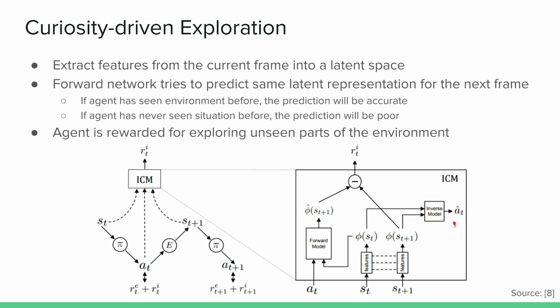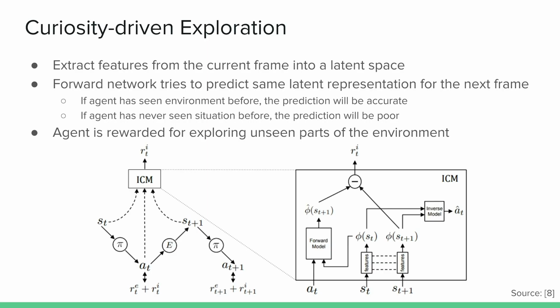Given the latent space representation of the state st and the latent space representation of the state st plus 1, the inverse model learns to say: we were in that state, now we're in this state. What was the action that we took to get from that state to the next state?